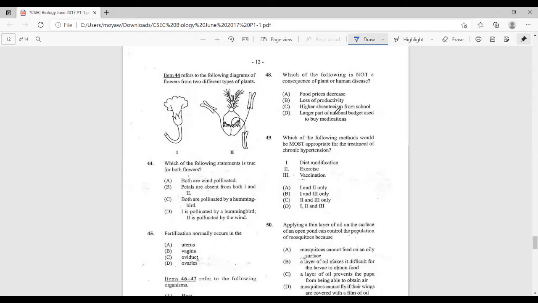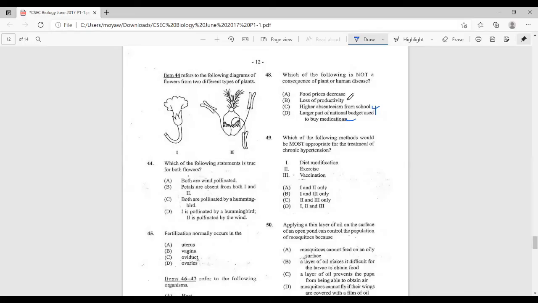D, a large part of the national budget used to buy medication, would definitely be something that we need to do if we have a human or plant disease affecting the population. Higher absenteeism from school also depends on the type of disease. If we were thinking about COVID, then you could have seen that, so that's out also. Then loss of productivity.